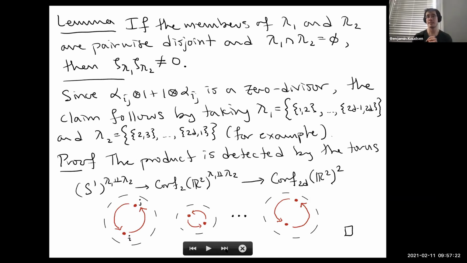What I'm saying is that for each i, the members of lambda i are pairwise disjoint. And that is true in the example. So it's true that the members of lambda1 union lambda2 are not pairwise disjoint. Like 1, 2, and 2, 3 share the element 2. But the elements of lambda1 are pairwise disjoint, and similarly for lambda2. Thank you for clarifying. Sure. Thanks.